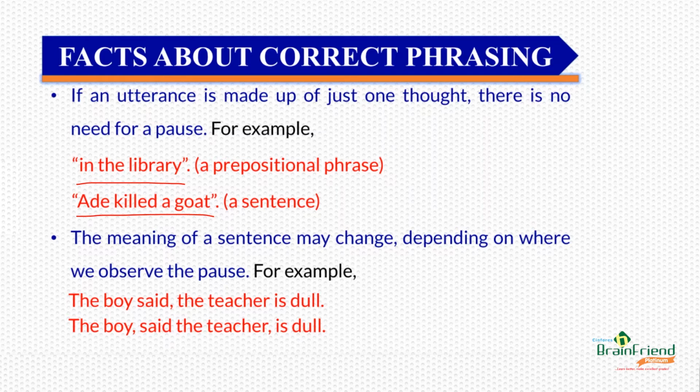Notice that there was a change in meaning. The first example, the boy said, the teacher is dull, means that the teacher is dull. But the second sentence, the boy said the teacher is dull, means that the boy is dull.